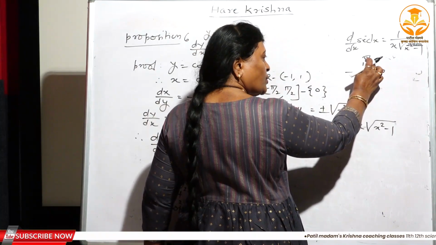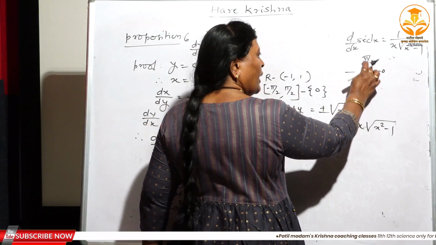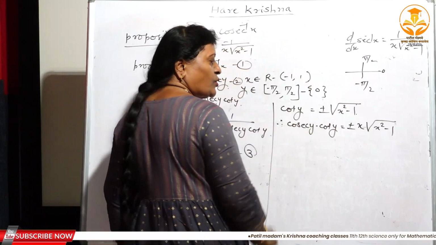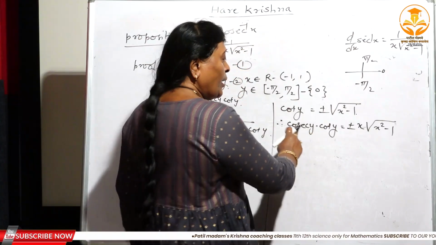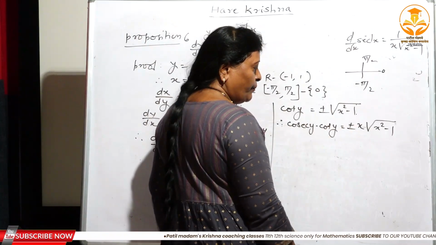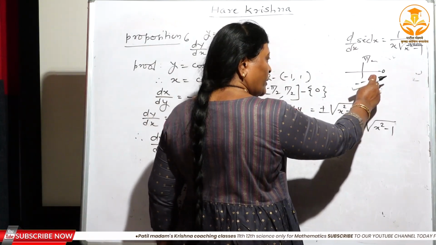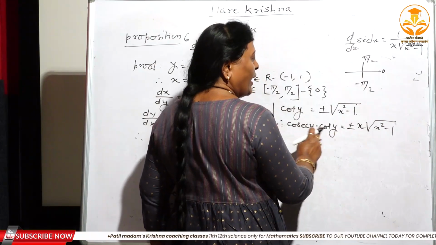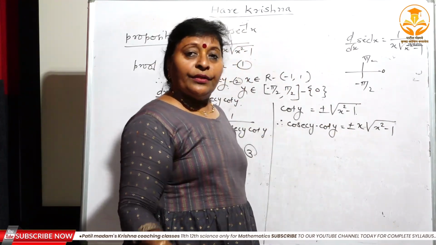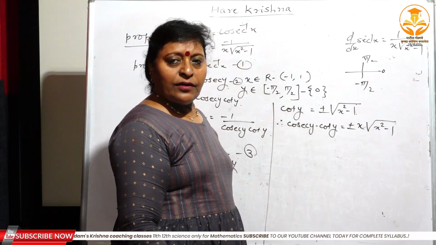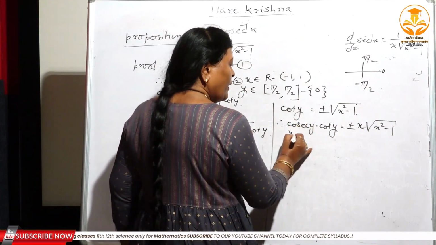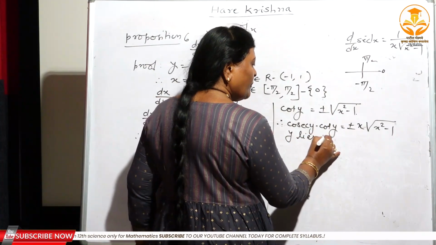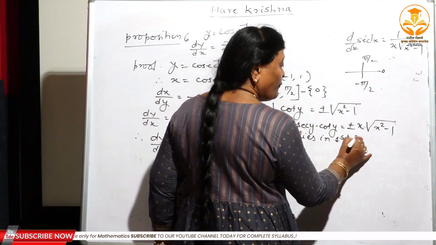So y belongs to the first and fourth quadrant. In the first quadrant both the ratios, cosec y and cot y, are positive. Therefore their multiplication is positive. And in the fourth quadrant both cosec y and cot y are negative. Therefore their multiplication is also positive, isn't it? Minus minus plus, right?